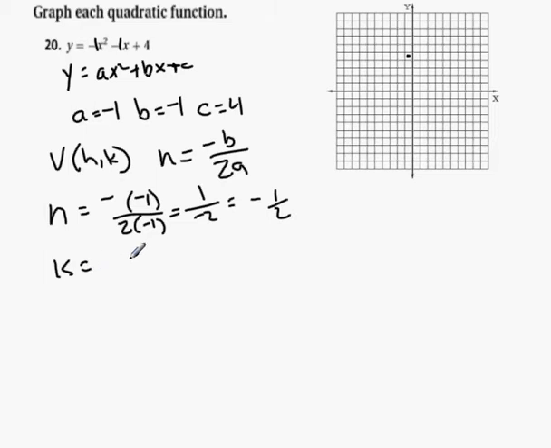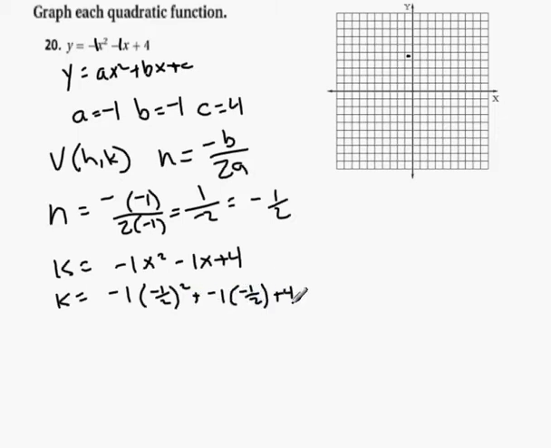In order to find k, we simply take -1x squared minus 1x plus 4, and we replace the x values with the x coordinate of the vertex. So we have k is equal to -1 times -1/2 squared plus -1 times -1/2 plus 4.